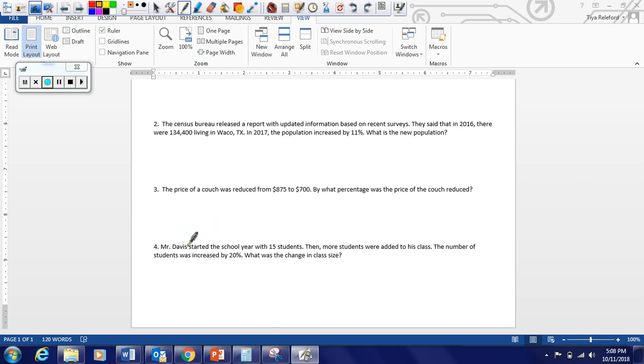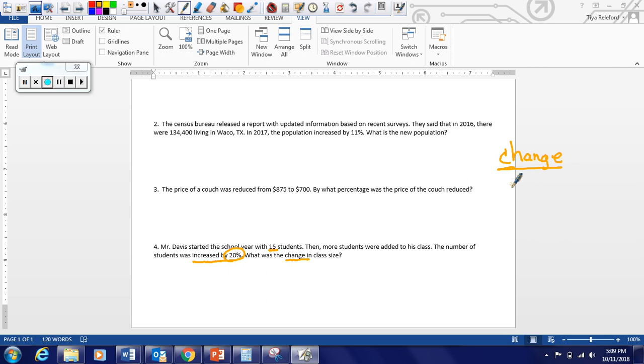All right, number 4 says, Mr. Davis, if you're not done with number 3, you need to pause it. Go back and finish number 3. Mr. Davis started the school year with 15 students. Then more students were added to his class. The number of students increased by 20%. What was the change? Now remember, we see percent, we know it's a proportion, and then we see increase, we know that's a special percent proportion.